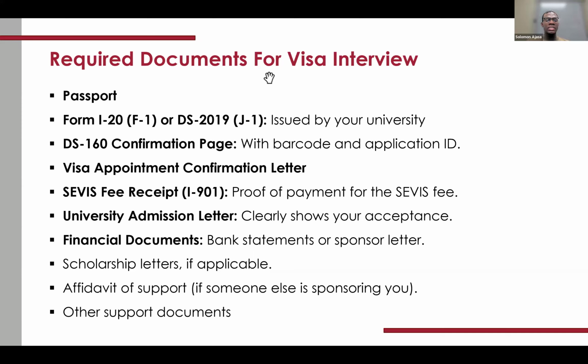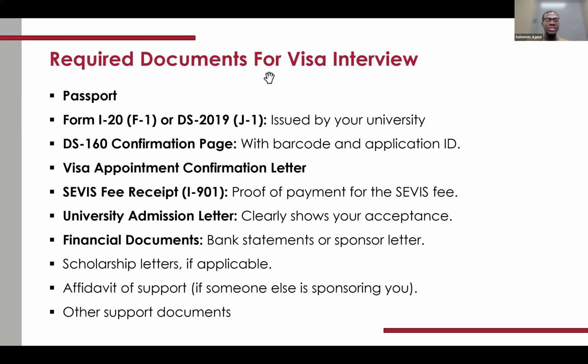Now, it's very important that the information you provide is very, very clear, in the sense that you don't want to provide information that could potentially confuse the consular officer when you go for your interview. So you need to sit down and ensure that you have enough time to fill the form. You're going to answer questions about yourself. Who are you?